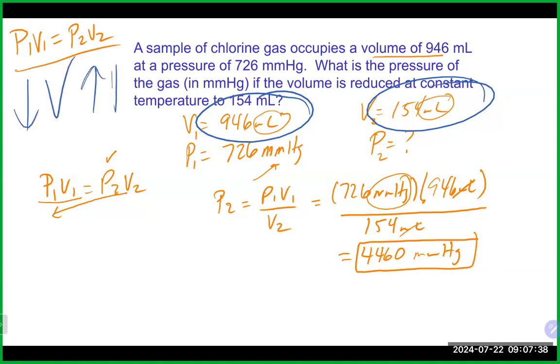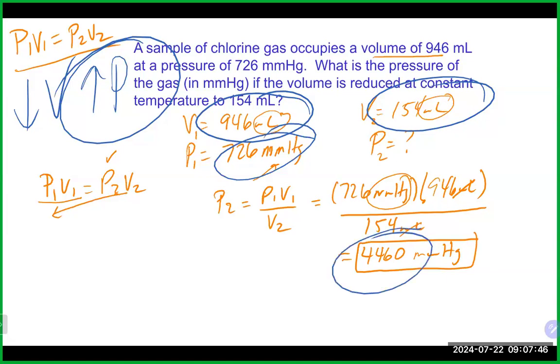That means what I should see in my pressure based on Boyle's law is an increase in pressure, and it went from 726 to 4460. So it did increase. So it did move in the correct direction. And that's a good way sometimes to make sure you didn't transpose a number or mess up on the calculation. Any questions on that there? Not to say it will catch every mistake, but it can be very helpful.